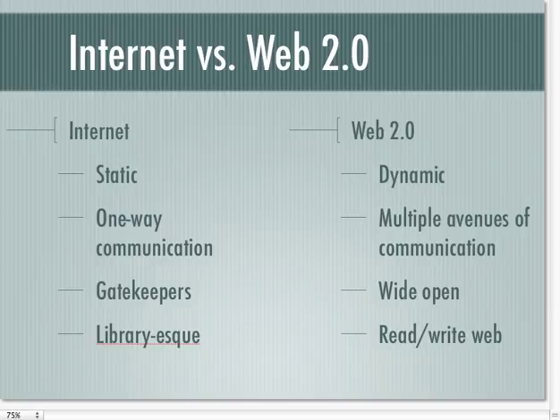The way I've described it is that the first iteration of the Internet was very library-esque. You went to a specific location, you searched for things, you got information, much like getting in your car, driving down the road to the library, going in, picking up a book, and there you have your information.